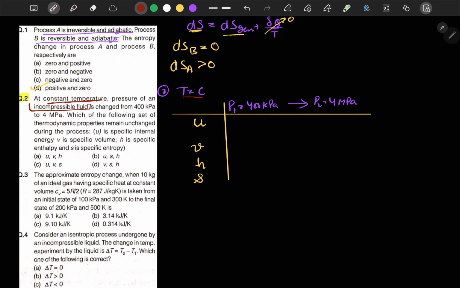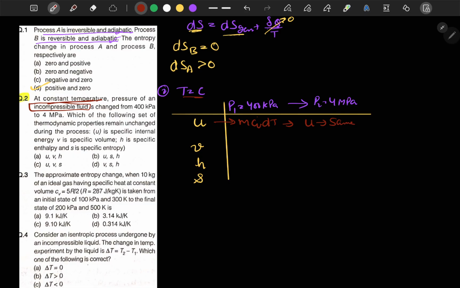As for u, u is a function of temperature only. Even if we don't write it like this, we can write it as m cv dT. Since temperature is constant, u will be the same.